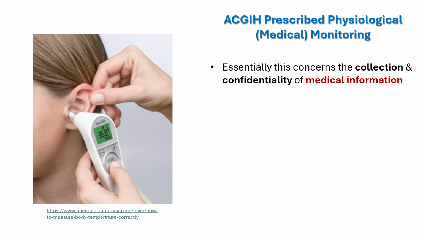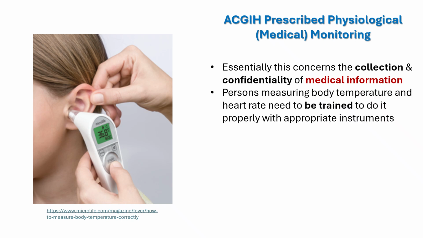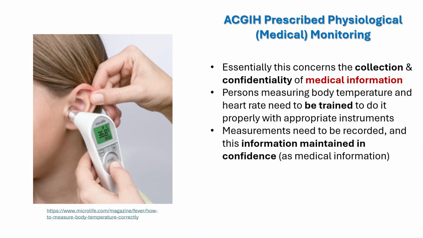Okay, the medical monitoring is essentially the collection of data which is considered medical information, and therefore we can be concerned about whether that's kept confidential or not. Persons measuring the body temperature or heart rate need to be trained to do it properly and have appropriate instruments to do it with.